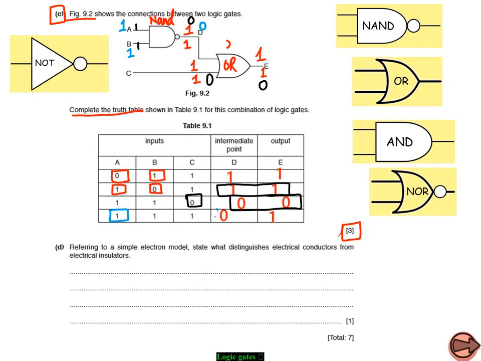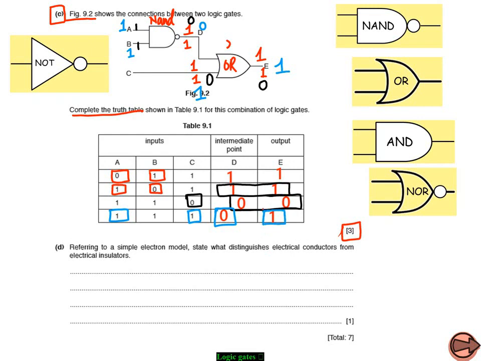So that's why we wrote our answer here, 0. Now the next one, C. When C is 1 and this is 0, what is our output? This is an OR gate. It simply means if any input is 1, the output should be 1. So that's the reason we have 1 here.